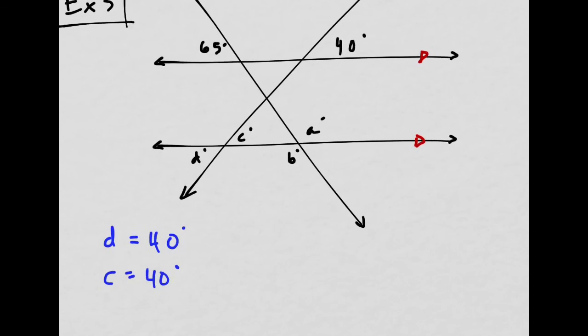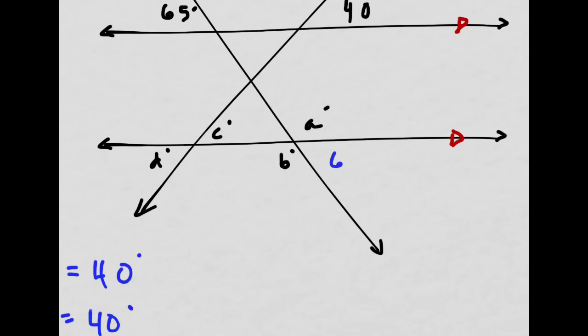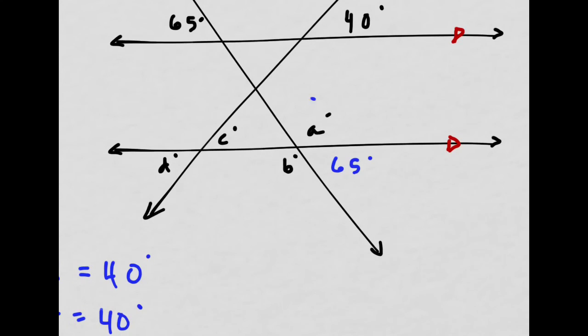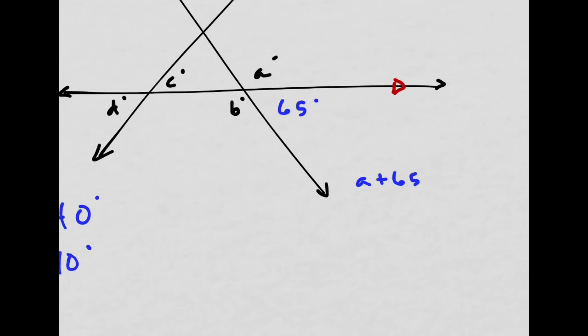Now, how do I find A and B? Well, I know that this and this have to be the same, so this is 65 degrees, which means A plus B, since this is a straight angle, has to add up to 180. So A plus 65 has to equal 180, and then I can just solve for A. This is beautiful.